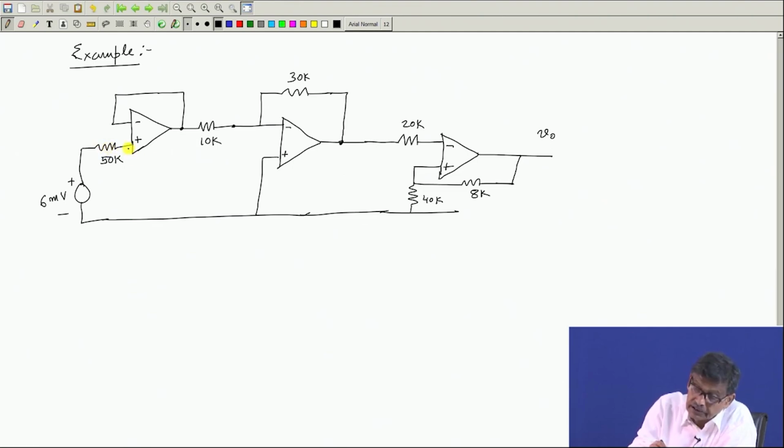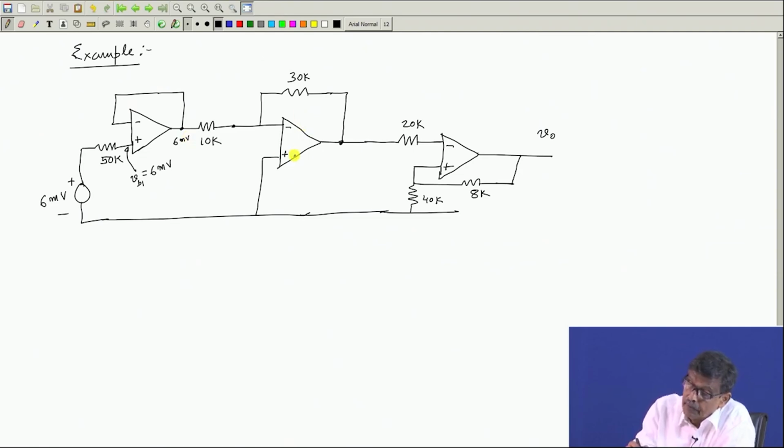So, for this op amp, the non-inverting terminal voltage, that is V B1, is equal to 6 millivolt. If it is 6 millivolt, with an ideal op amp and negative feedback, this will also be 6 millivolt. So, here this voltage is 6 millivolt, it has to be, no resistance here, same voltage 6 millivolt.